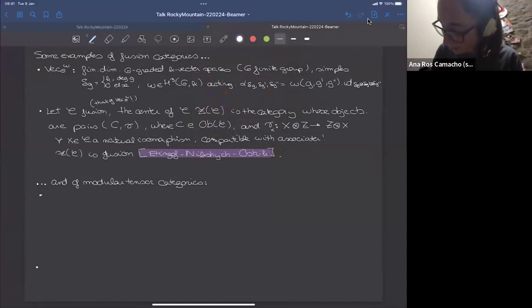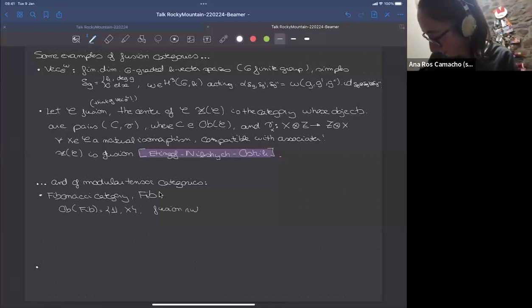So let me just give you an example for modular tensor categories. I think you never had enough of this with VOAs, but sometimes they are easier. The Fibonacci category is the easiest I can think of. You have just two objects, and the fusion rule is something really simple, so you multiply these.